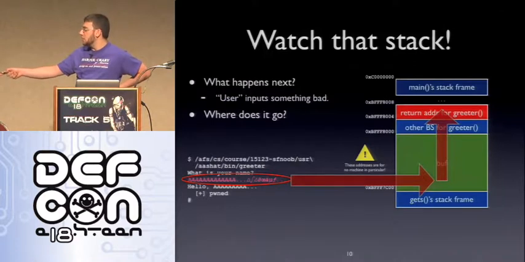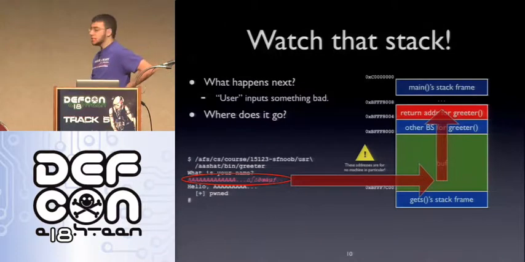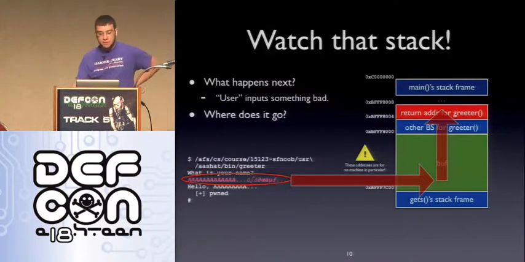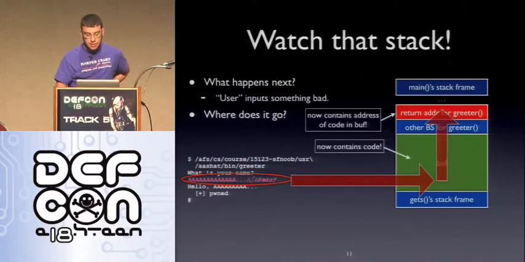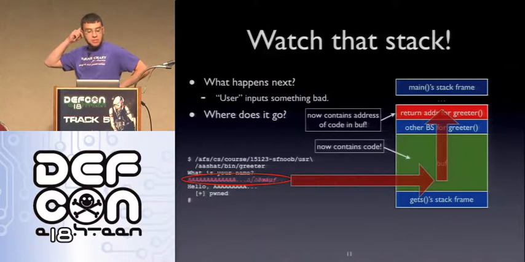Normally it would get written into buff, and this time it gets written through greeter's stack frame, and then through greeter's return address. Greeter's return address gets reset to point inside buff, into the code that we've injected, and owned. Return address now contains the address of code in buff.